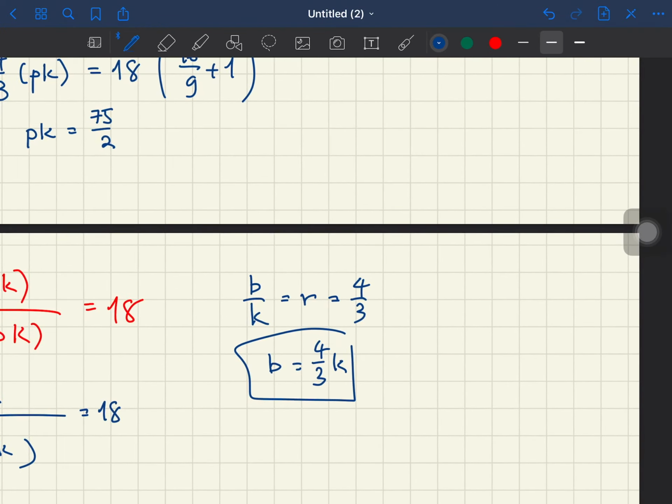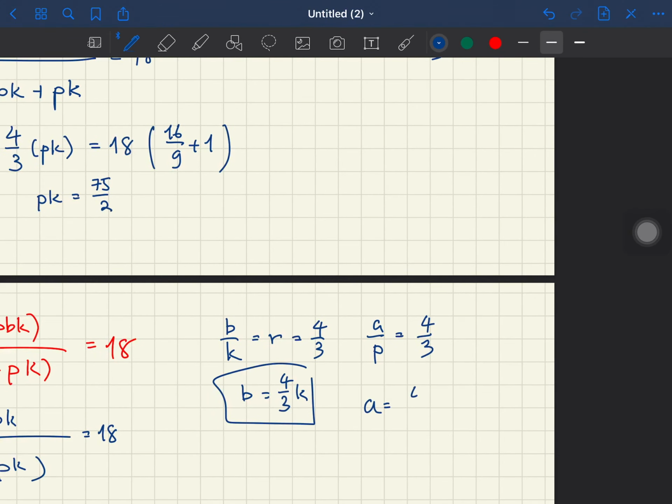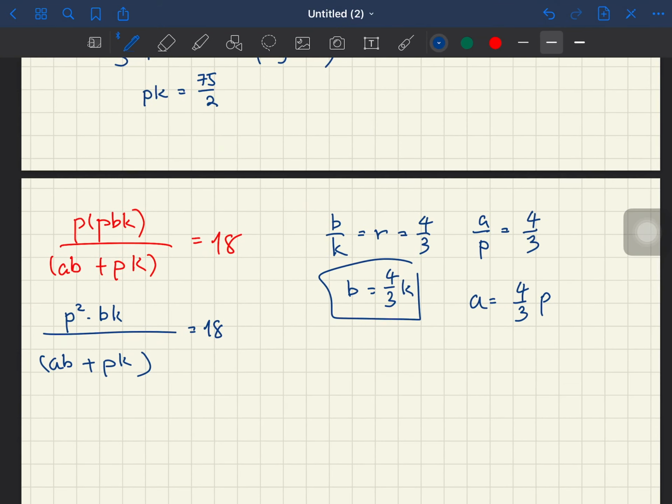And then one more thing I'm gonna do is a/p equals to 4/3, and so a equals to 4/3 p. And so you can see here, these are two essential things. I'm gonna call them star 1 and star 2.